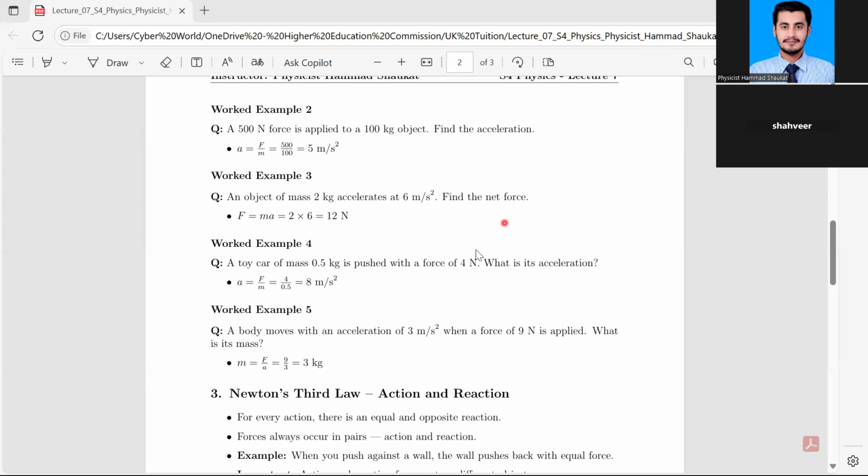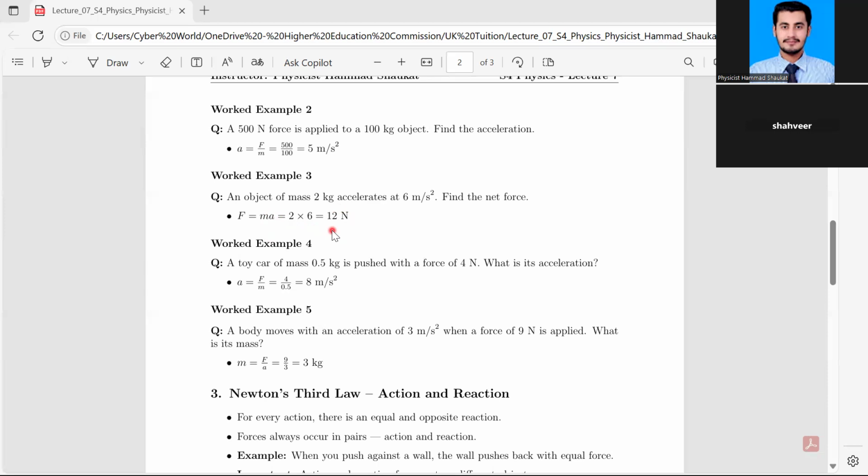Using Newton's second law of motion, F equals ma, putting the mass, which is 2, and acceleration, which is 6, multiplying gives your answer, 12 newtons.